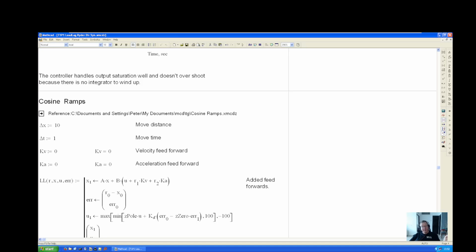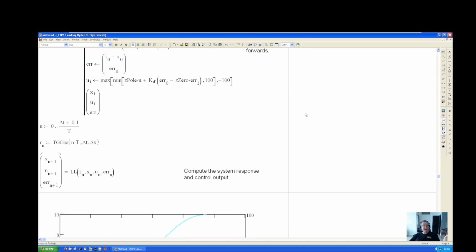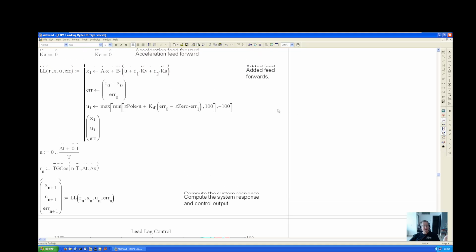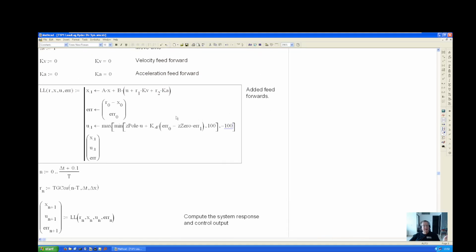And this is like what I did above. Only thing is I've added the capability of doing feed forwards. So this is R, which is the target position, velocity, and acceleration. R1 is the velocity, R2 is the acceleration, and I'm multiplying by the velocity feed forward and the acceleration feed forward.